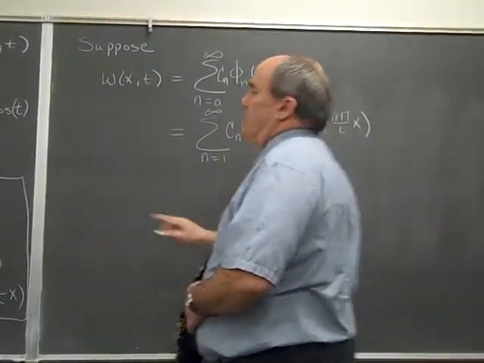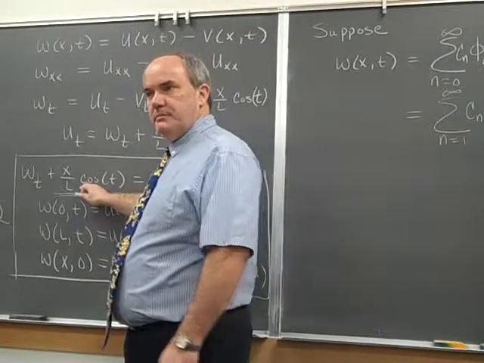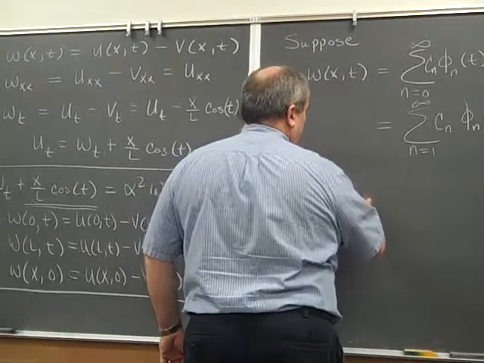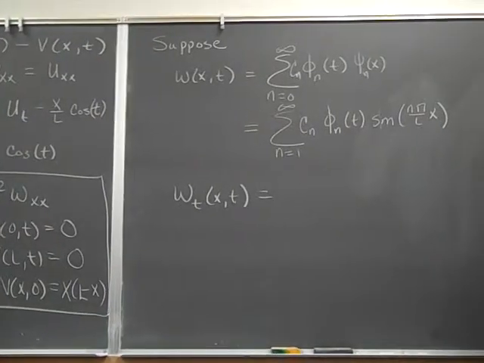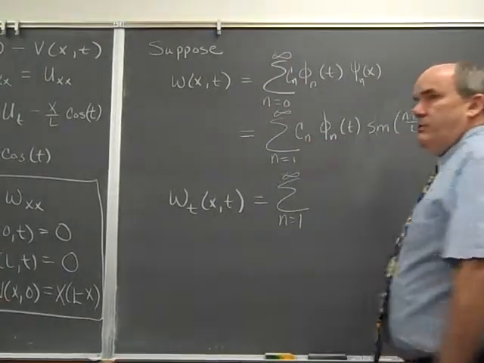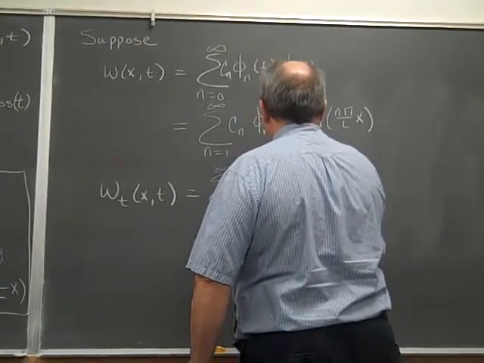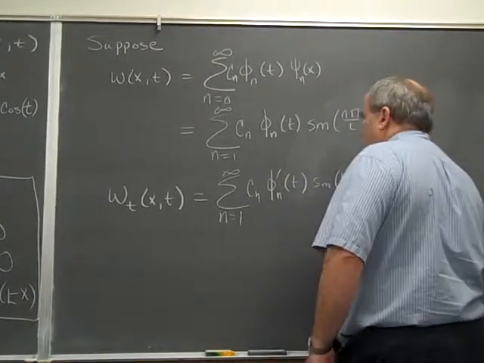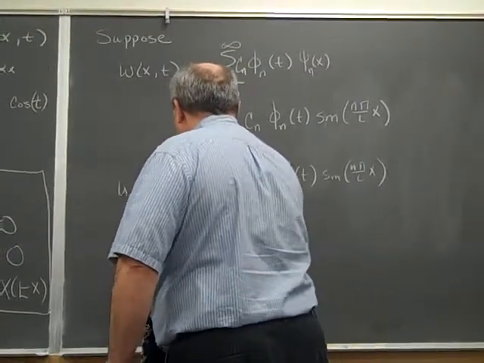Well, that's fine for the W, but that doesn't answer the problem of what do I do with this guy. If I start putting these in, I can find W sub t. That would just be equal to the sum of c sub n phi n prime of t sine of n pi over L x, making all sorts of assumptions about the fact that this converges uniformly over 0 to L. And then what would W sub xx be?